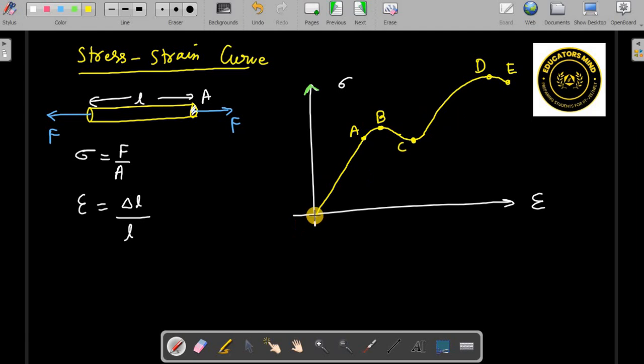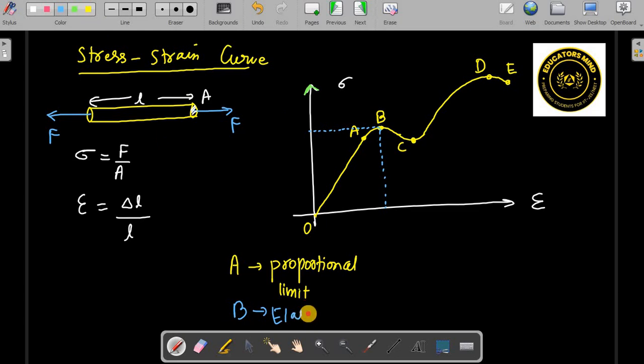Point A is known as the proportional limit. The elastic behavior is up to point B, so point B is also known as the elastic limit.